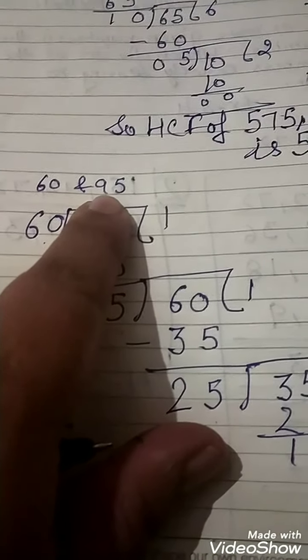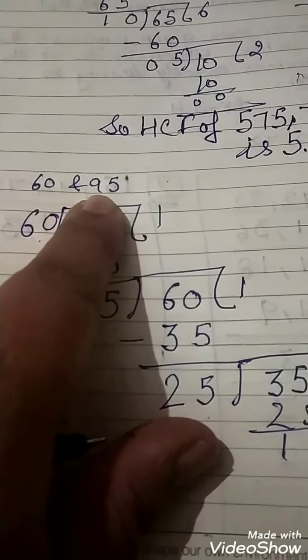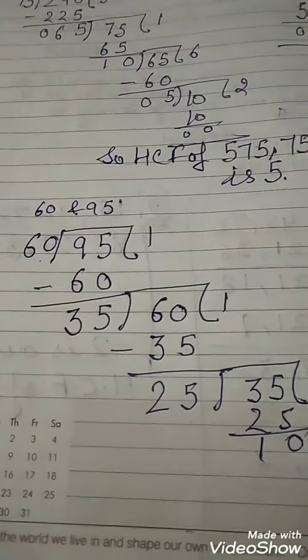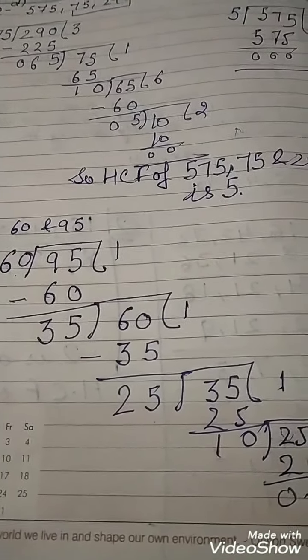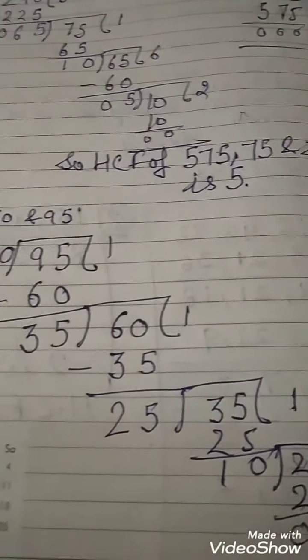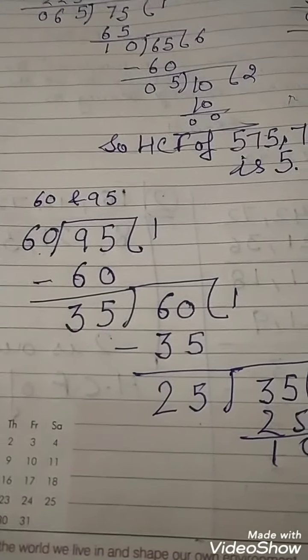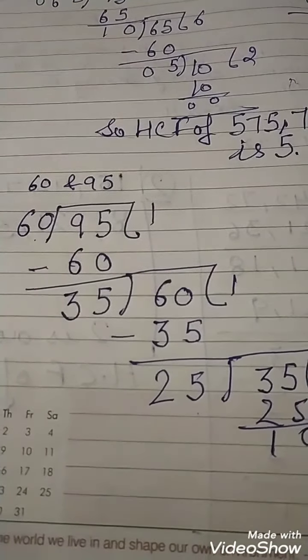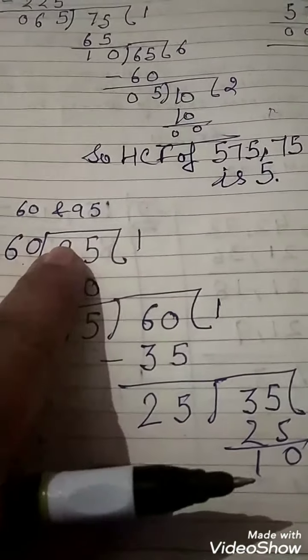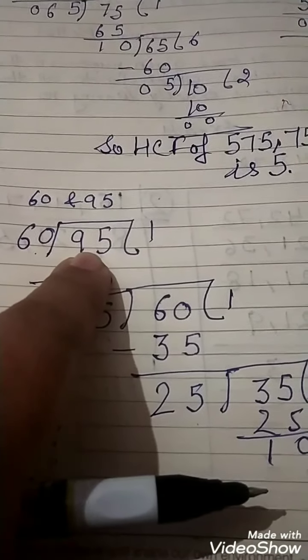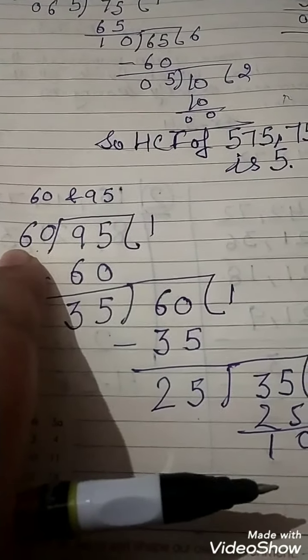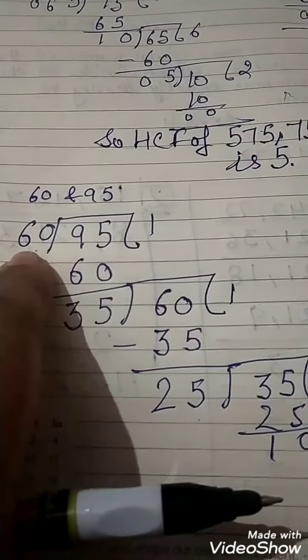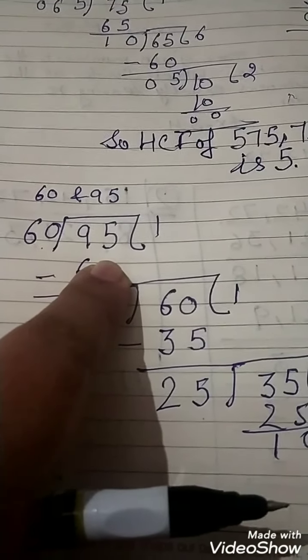So when we find out the HCF by long division method, or you can say continued division method, we divide the bigger number by the smaller number. Fine. So you put 95 inside and 60 outside, meaning 60 is the divisor and 95 is the dividend.